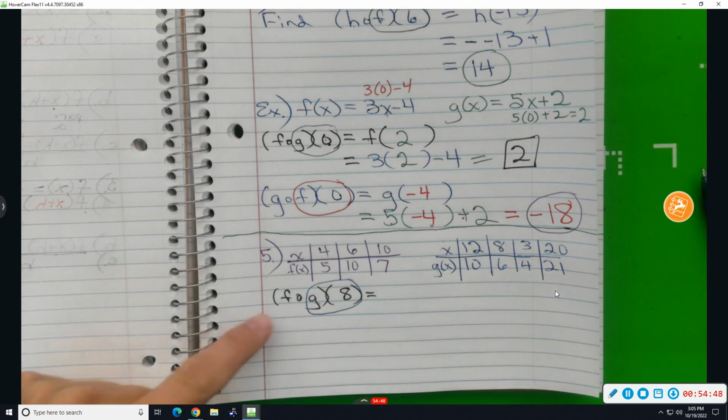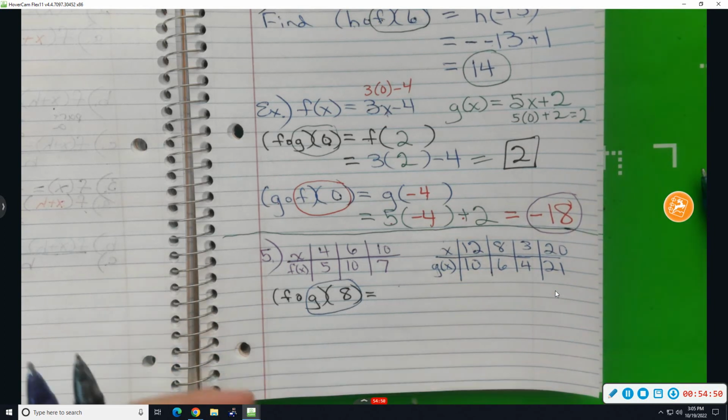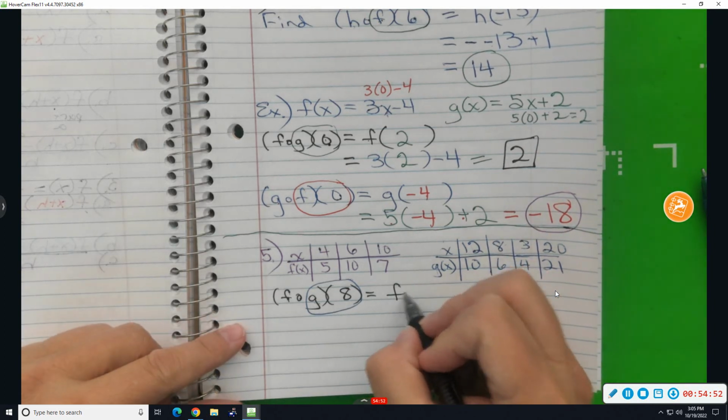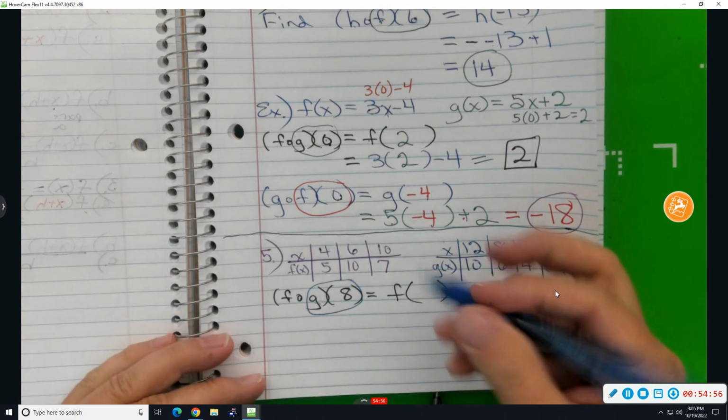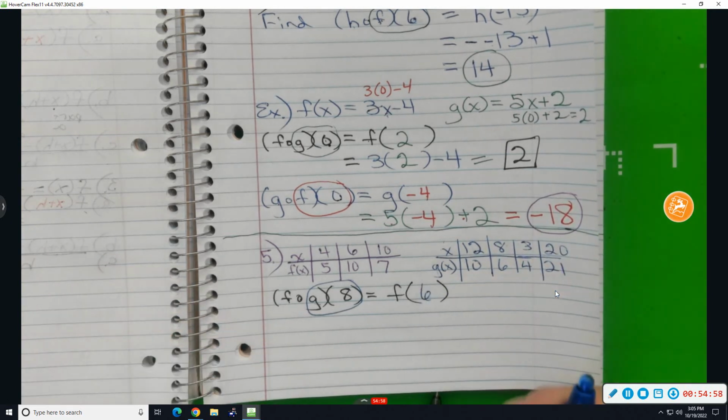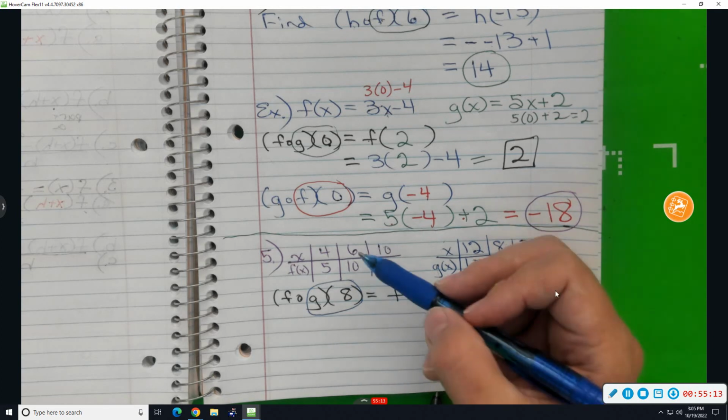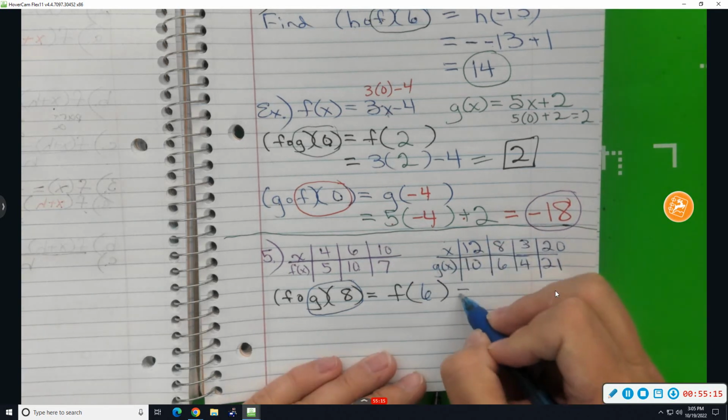So we have an f on the outside. G of 8 is 6. Now, f of 6. We go to the f function. 6 is assigned to what number? 6 is assigned to 10.